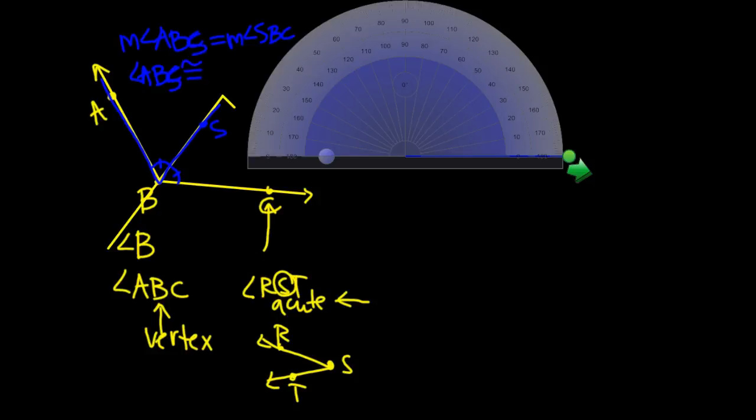Angle ABS is congruent to angle SBC. So notice, starting here, and the vertex is in the middle for both of those. The vertex is where those 2 angles meet. I also see, and we'll talk about this a little bit more, but ABS and SBC together make angle ABC.